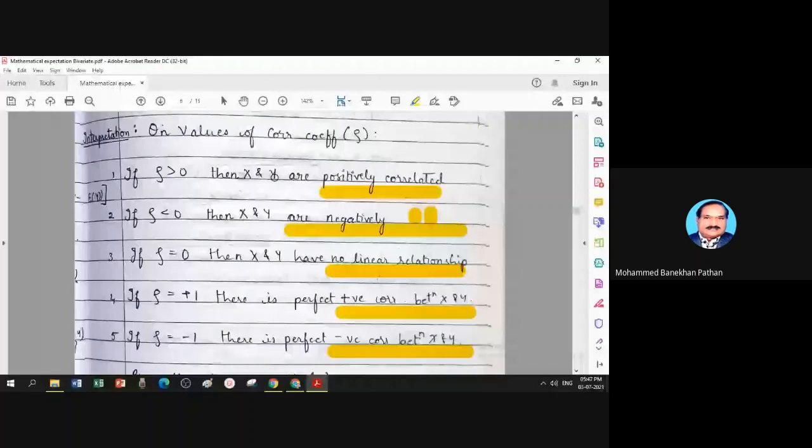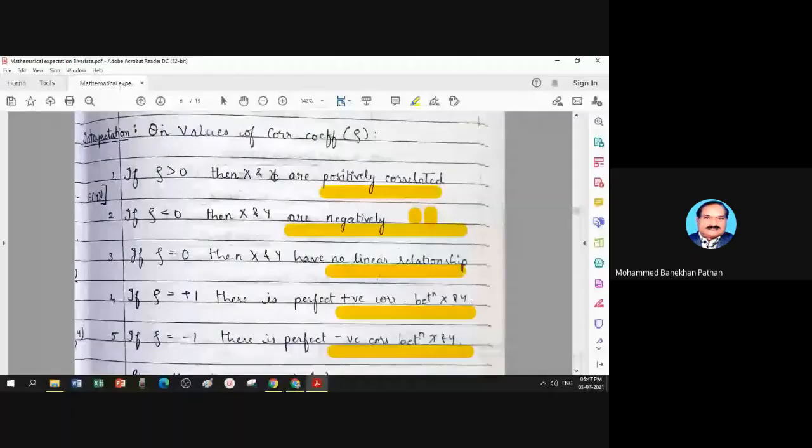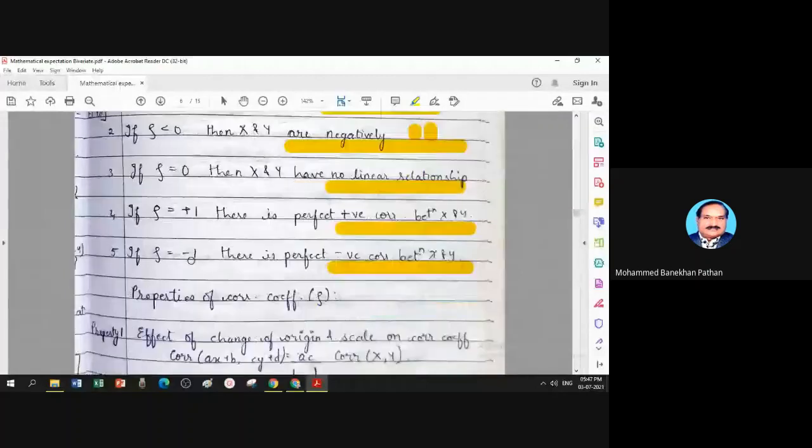That's why the word perfect is not used here. When it is +1 or -1, you have a guarantee. If x increases, y has to increase. If x decreases, y has to decrease in the same proportion. That's why perfect positive, perfect negative.